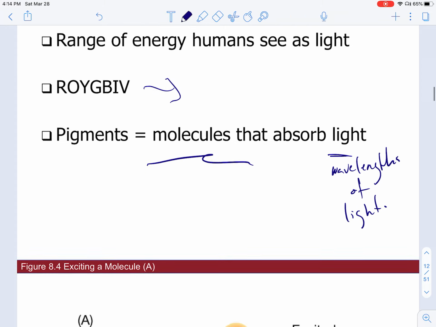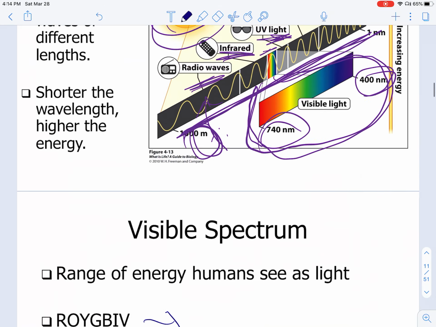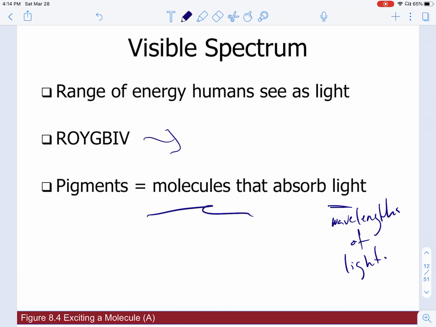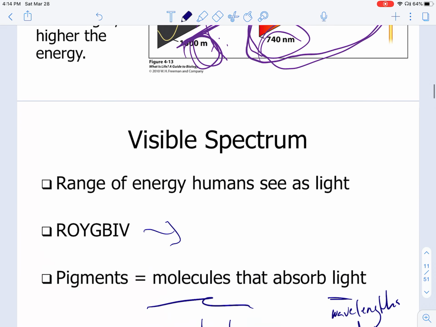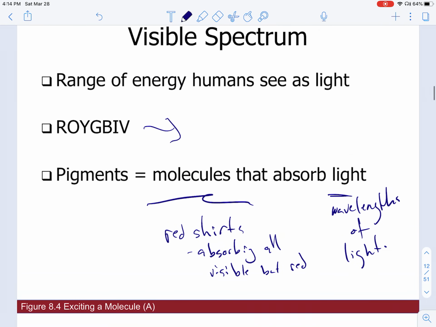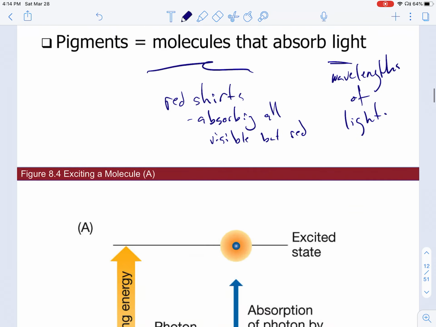Right now, you can't see, but I'm wearing a red shirt. The way that works is that red shirt is absorbing all wavelengths of visible light but red. Because it's not absorbing red, it is reflected back to my eyeballs. And we'll see that that becomes important in understanding why plants are green.